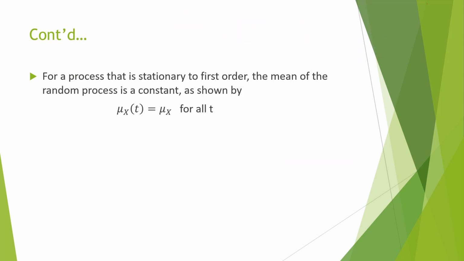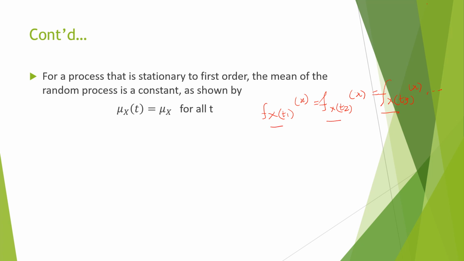For a stationary random process, we have seen that the PDFs at different time epochs are the same. That is, f_X(t1)(x) is equal to f_X(t2)(x), which is equal to f_X(t3)(x), and so on. So the PDFs at different time epochs are equal.